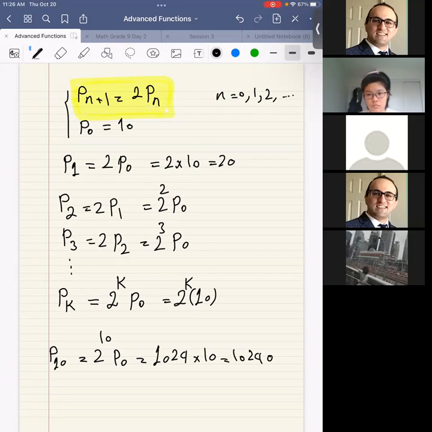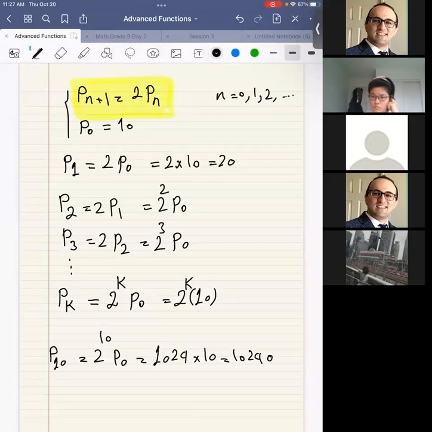So this is a very important example. This example is called exponential growth. It can be a model for the growth of a population. After each year, this model tells us that the population gets doubled. Like the population after 1 year is 2 times the initial population, and so on.